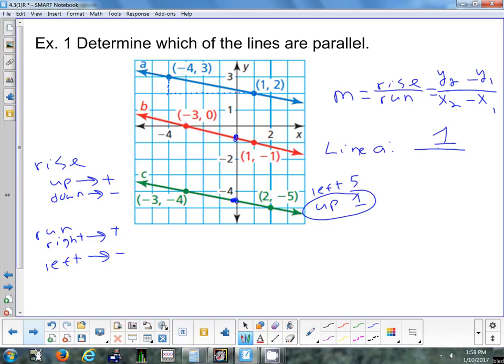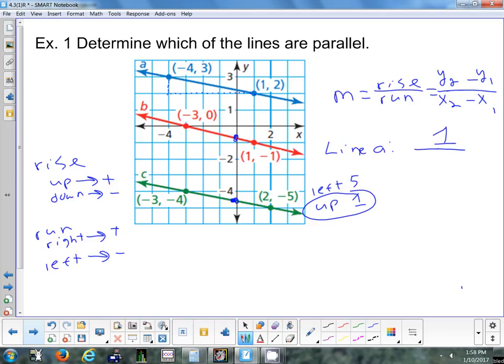And I should have asked, is up positive or negative? Emma, please stop talking. Thank you. Is up positive or negative? Positive. Okay. What about my run?